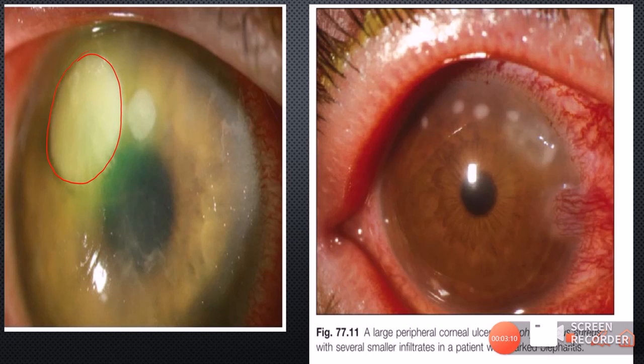However, this patient actually had blepharitis. That means the infection of the lids. So probably the lids were infected first, and from that the cornea got infected. You can see over here this is a peripheral ulcer, and along with that surrounding you can see certain smaller infiltrates. So this is very specific for the Staphylococcus aureus associated keratitis.